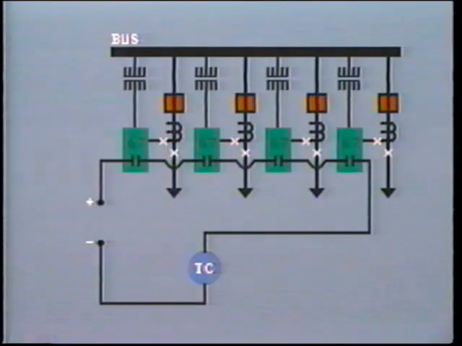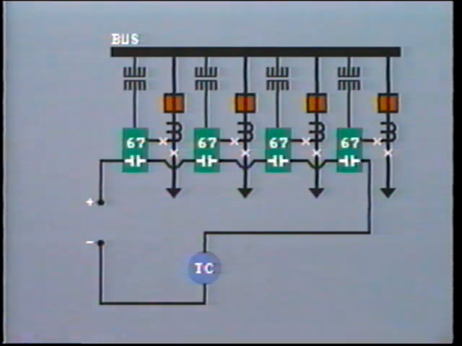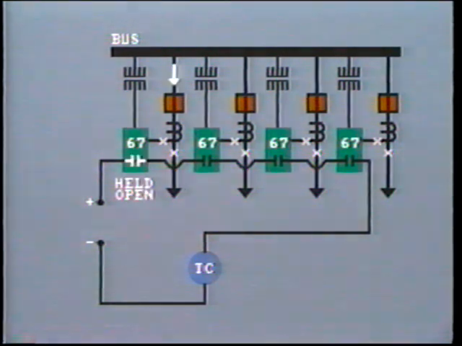More sophisticated arrangements are needed for protection of high voltage buses. One improved method uses directional relays fitted to every circuit connected to the bus. The operating contacts from the relays are all connected in series. When current flow is out of the bus, its respective relay contact is held open.